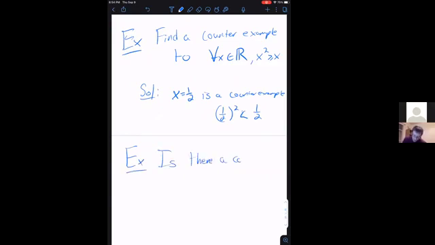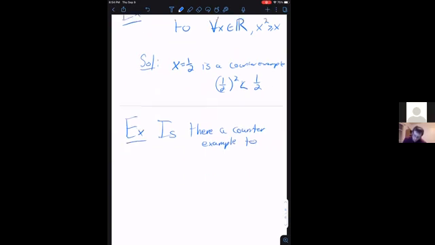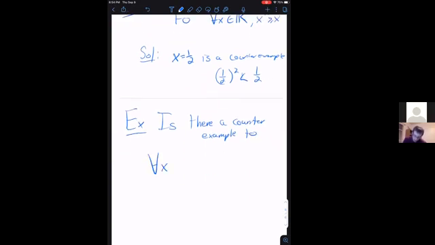Is there a counterexample to, for all x in the integers, x squared is greater than or equal to x? Okay. It's the same question.